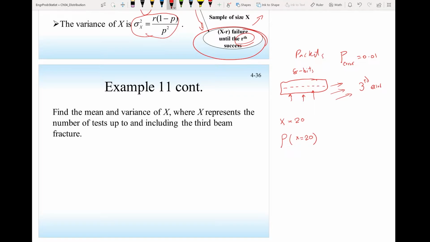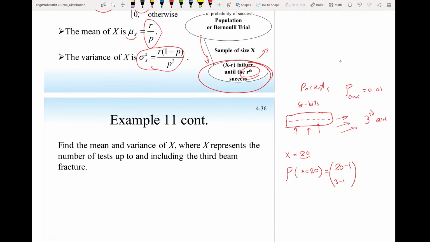So what is the chance that I will be transmitting 20 packets, a 3rd error will happen, and then I stop? So that will be the total of packets I sent, 20 minus 1, because the last packet is where the error happened. And I'm interested in a 3rd error, so that r minus 1 will be 3 minus 1 times.